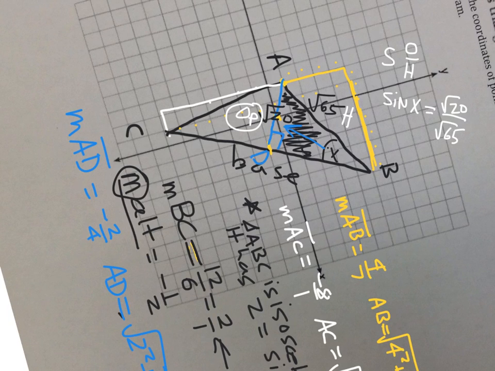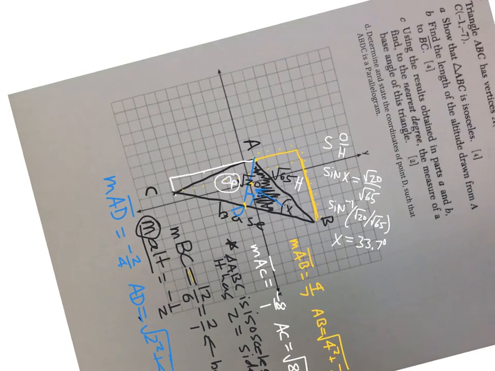I would type that into the calculator by pressing the second button on the calculator to bring up the inverse command, and then type in radical 20 divided by radical 65. Which brings me to the conclusion that x is about 33.7 degrees. Looks right in the picture too.